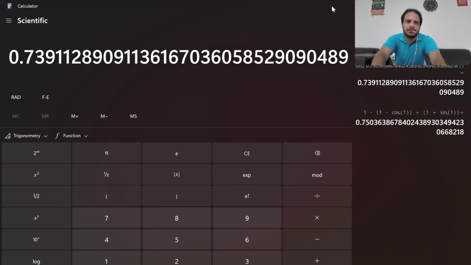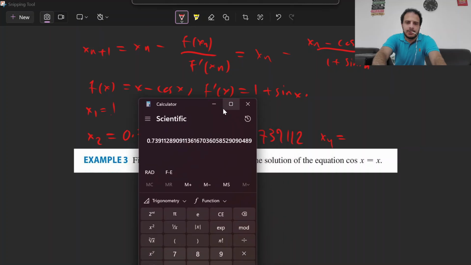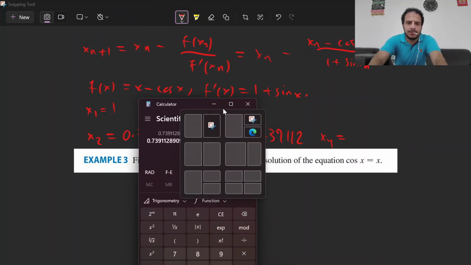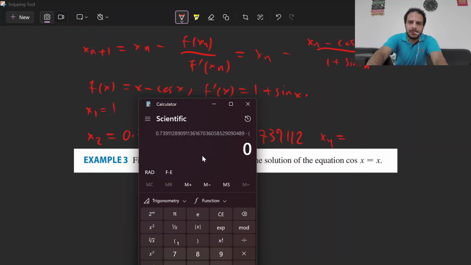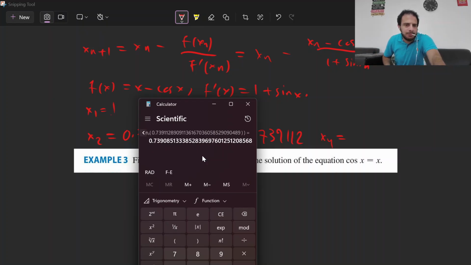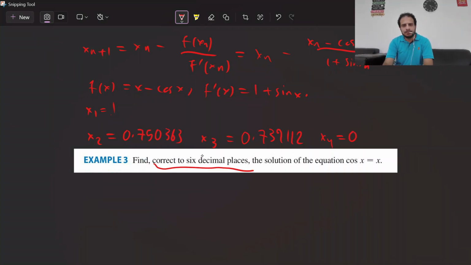Yes, it's good now. So this number minus open parentheses, Control V minus Control V cosine, close, then divide, open, 1 plus Control V sine, close, you get this number. What are the correct digits now? 0.739. Yes, thank you. We still need 3 more digits.